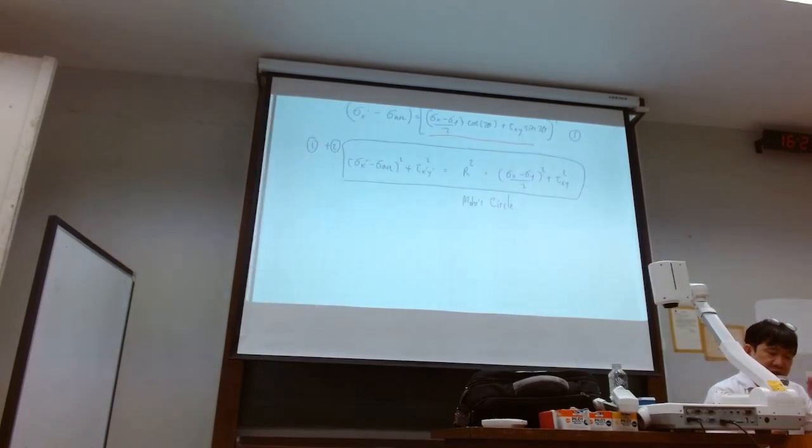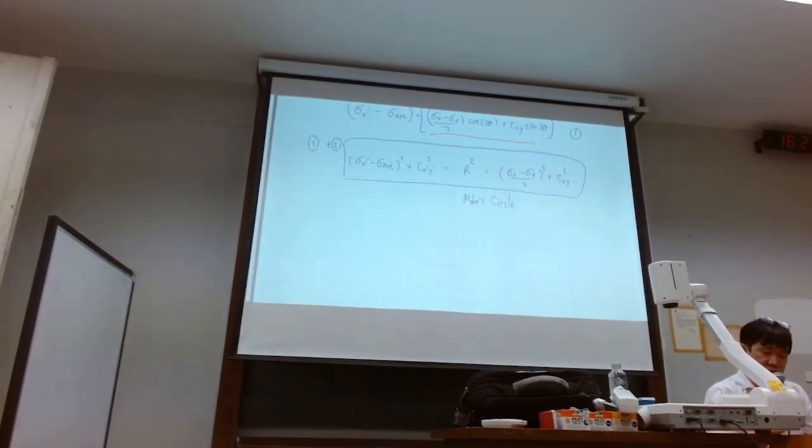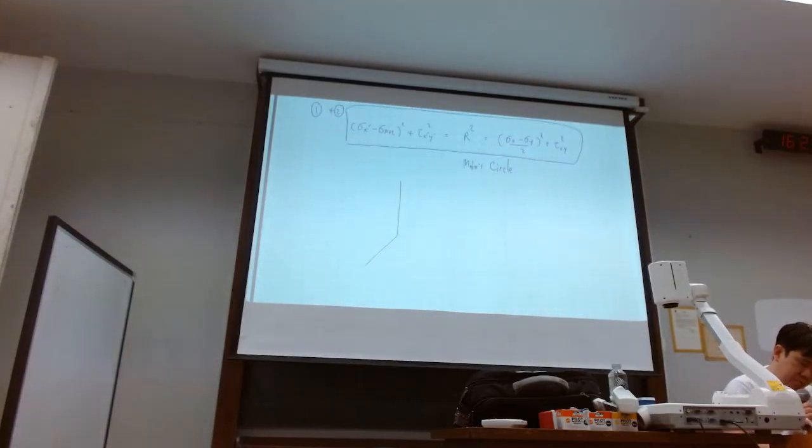Now the indication of the stress transformation is this. We have what we call a parametric equation. If we say this is theta, this is sigma x prime, and we have another axis as tau x prime y prime, what we end up having in terms of the parametric equation is a spiral like that.